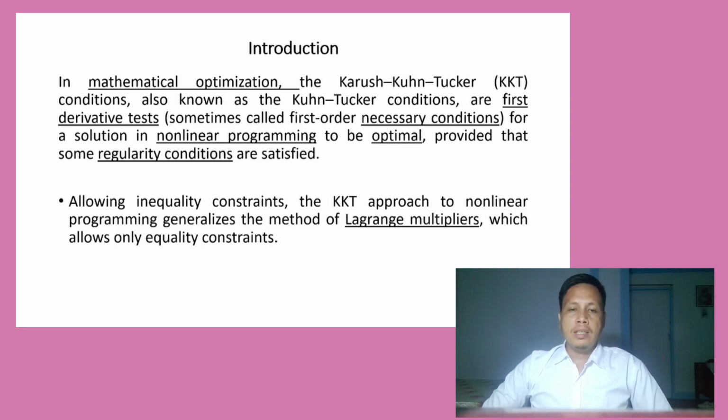For example, x squared plus y squared is equal to 5. For us, this is a solution in nonlinear programming to be optimal, provided that some regularity conditions are satisfied.